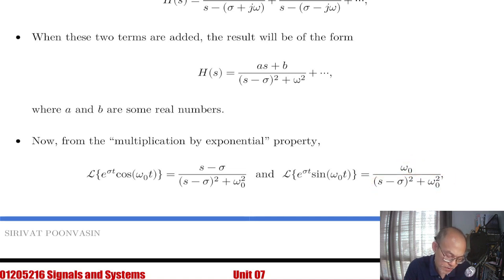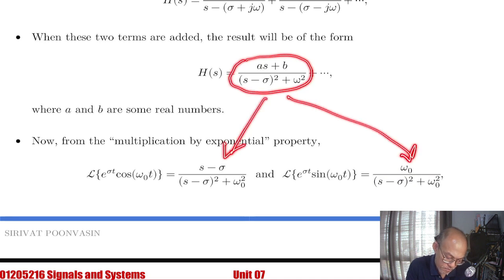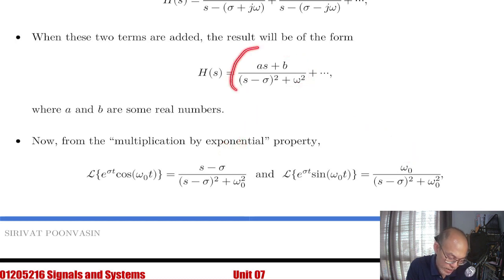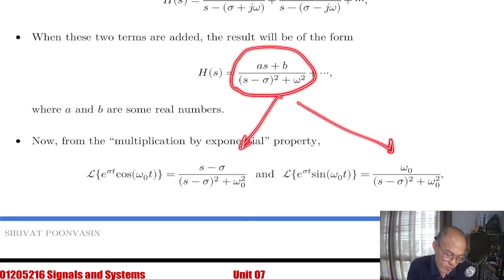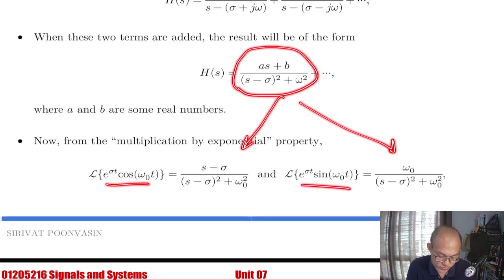So our job is to manipulate this into these two. We need to break this into these two forms so that we'll be able to take the inverse Laplace transform and get these two.